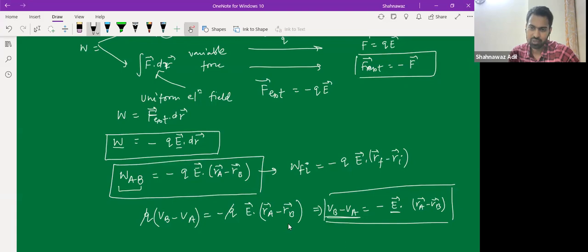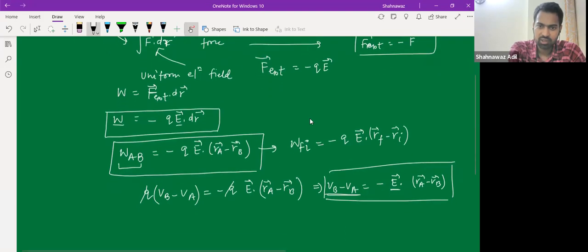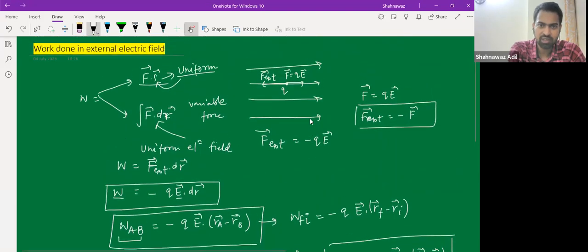And I can write it in the integral form like this. You guys first note it down.